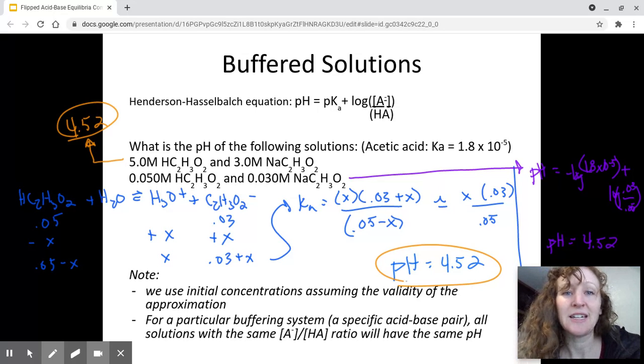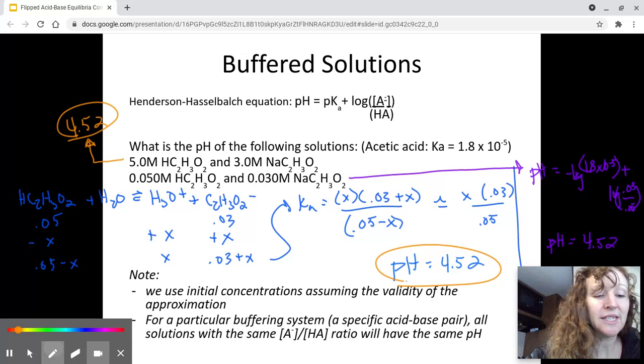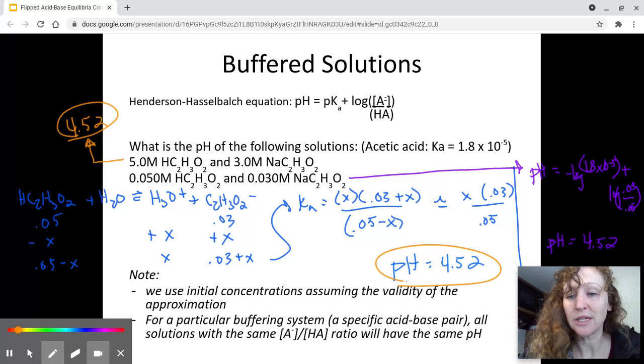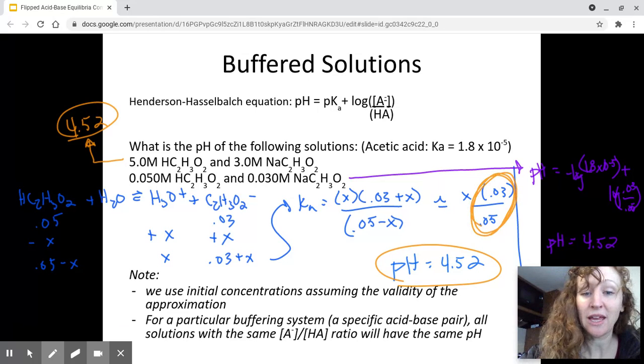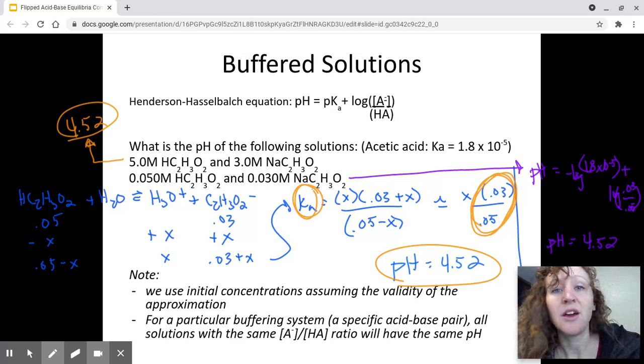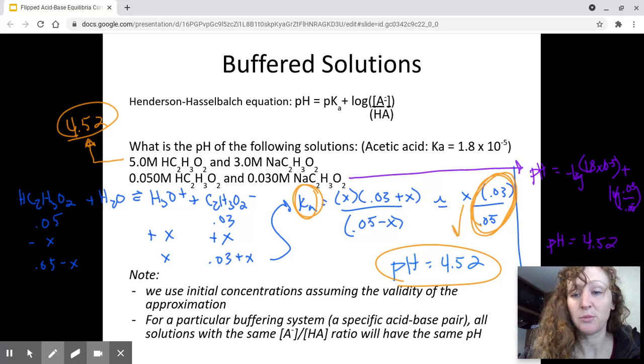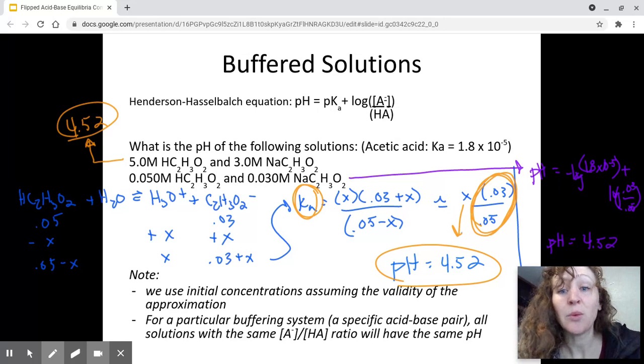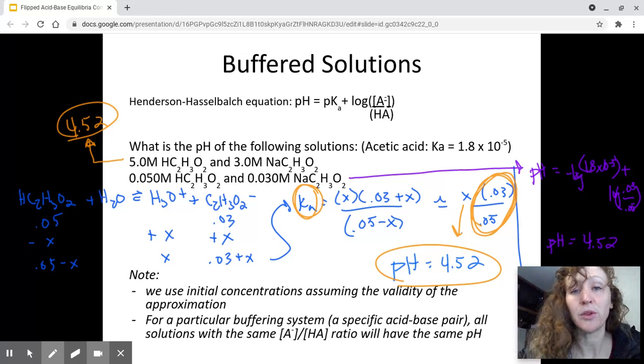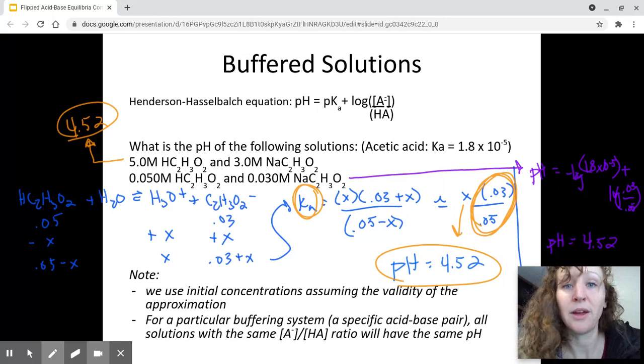Why? And hopefully what you see is it comes down to this ratio. Notice this ratio and our Ka affect our hydrogen concentration, which in turn affects our pH, right? Well, the Ka is the same for both of them because we're using the same acid conjugate base pair.